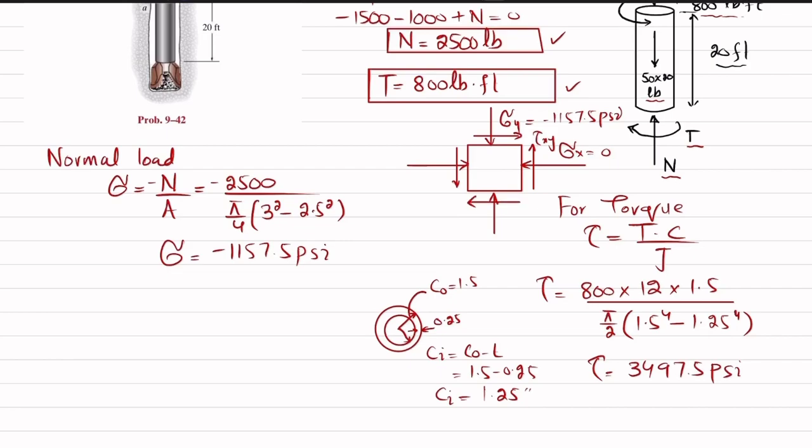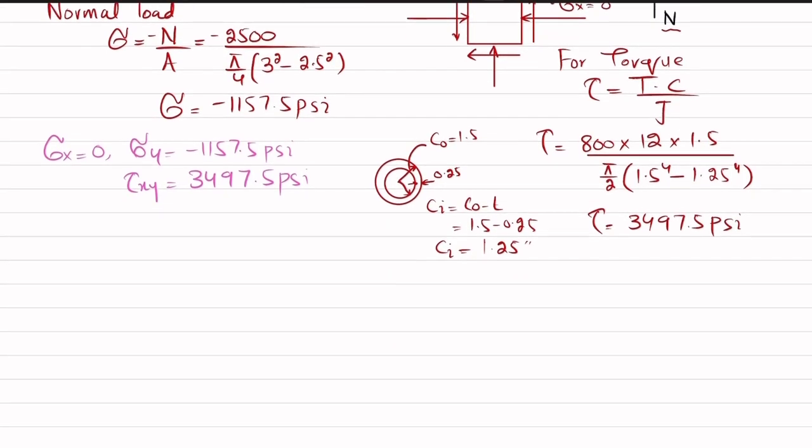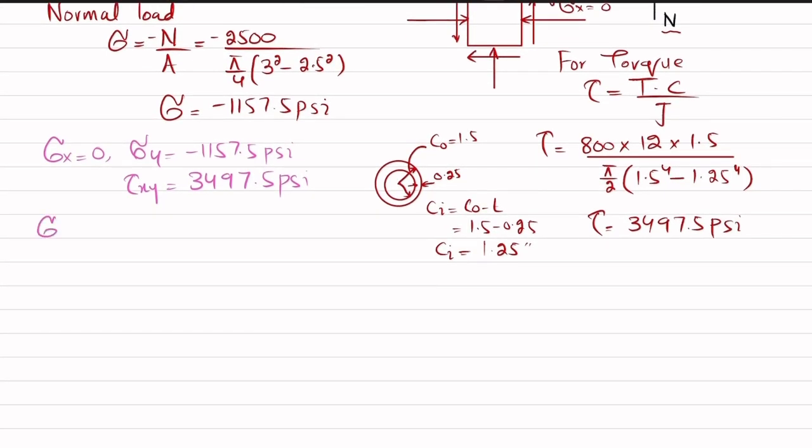Now you can see that you have sigma x equal to 0, sigma y equal to minus 1157.5 psi, and you have shear stress tau of xy equal to 3497.5 psi.